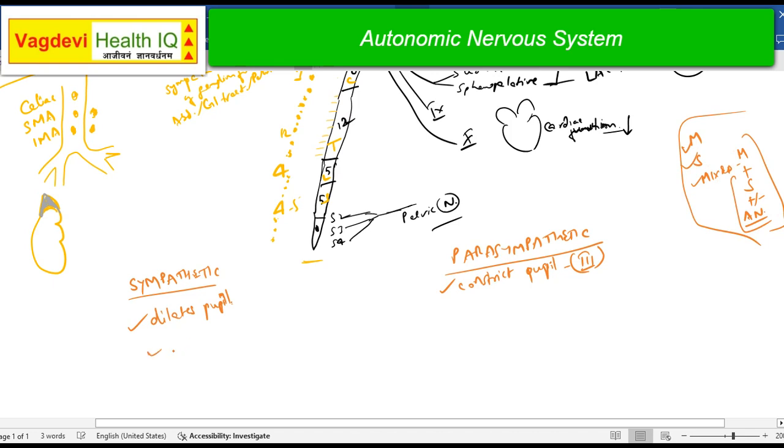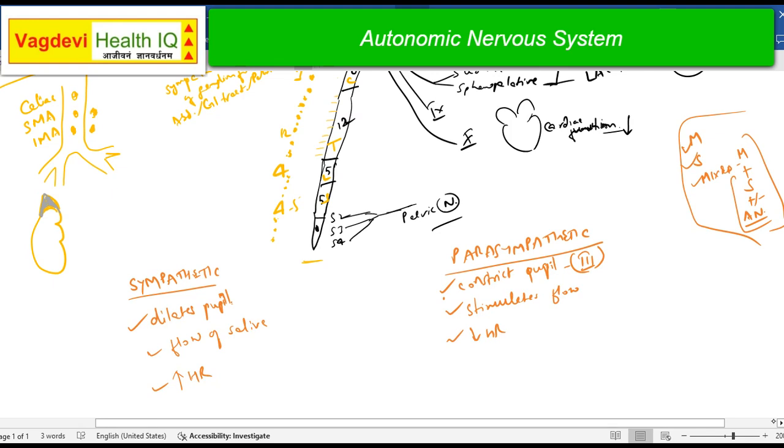Okay, fine. Coming back. Sympathetic reduces the flow of saliva. What will parasympathetic do? Stimulates the flow. Now tell me which cranial nerve again. You can understand that. Sympathetic increases the heart rate, parasympathetic decreases the heart rate.